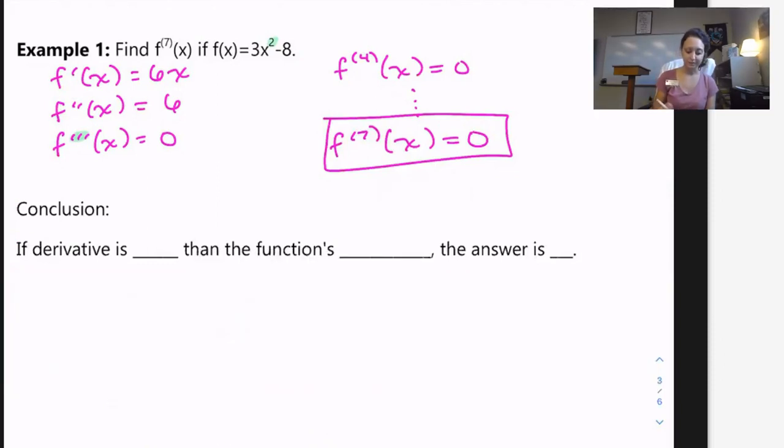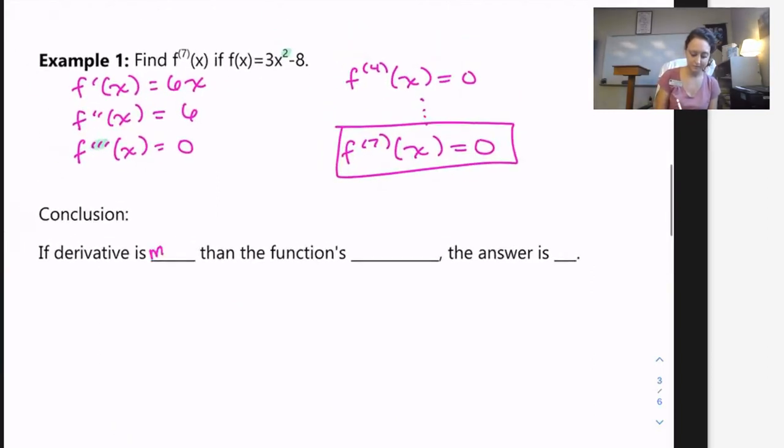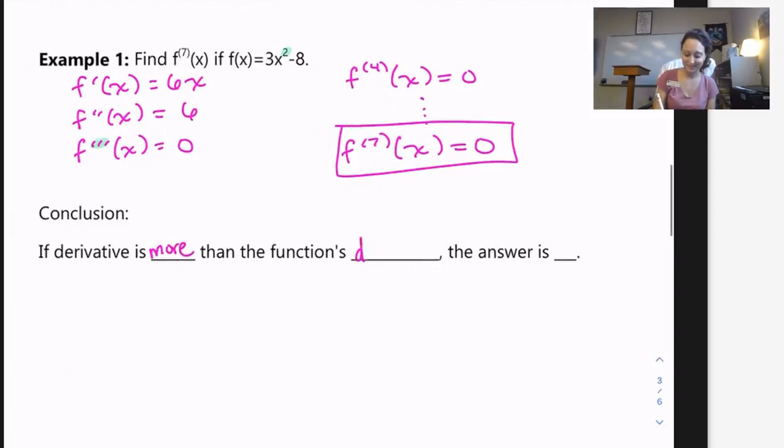If the derivative is more than the function's what? Degree, the answer is 0. So for example, again, the 3rd derivative, 3, is more than the degree here, 2. So after that, my answer is always 0. Starting with 3 and forward, my answer would have been 0.